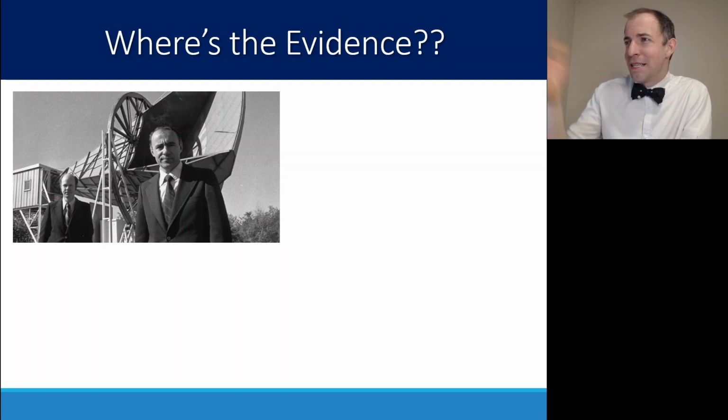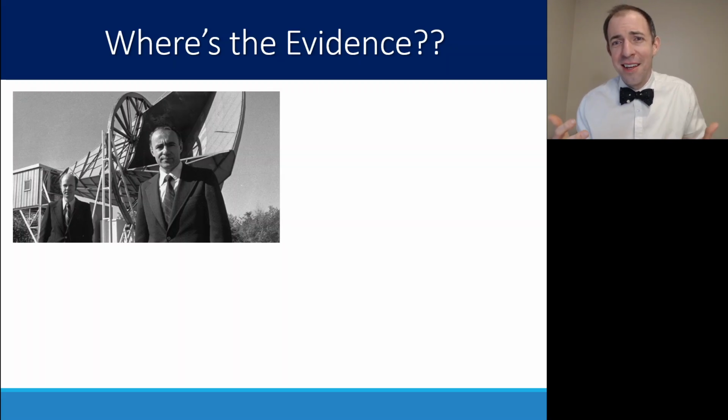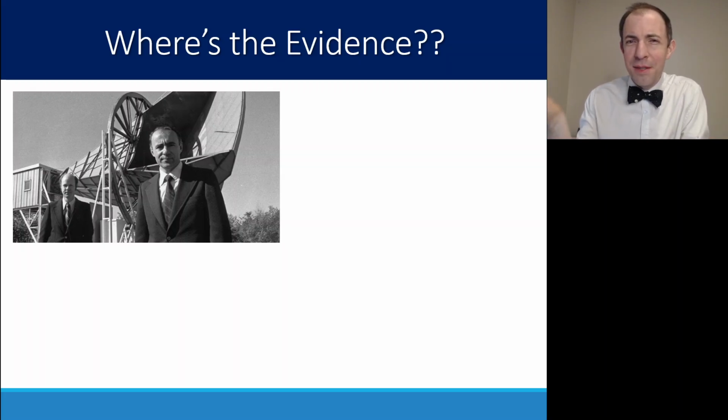Along come these two scientists from Bell Labs, Penzias and Wilson, and they were just doing some research on microwave radiation, and they had this really nice antenna, and they were trying to find the source of noise that was always there in their antenna. They thought it was something wrong with the antenna itself, and they worked on this for a long time.